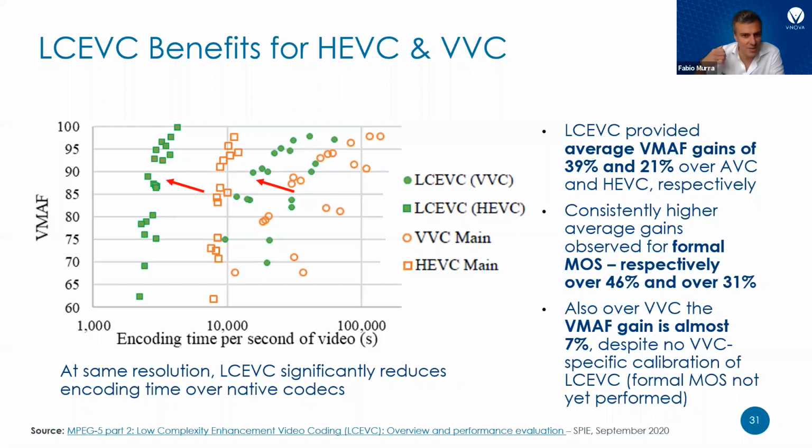And this is an extract of a paper that was presented at the SPIE conference, where a university in Italy showed that the benefits of LCEVC are applicable to next generation codecs like VVC, bringing, in this case, 7 to 10% performance gain from a compression perspective, but up to 4x the computational gains.